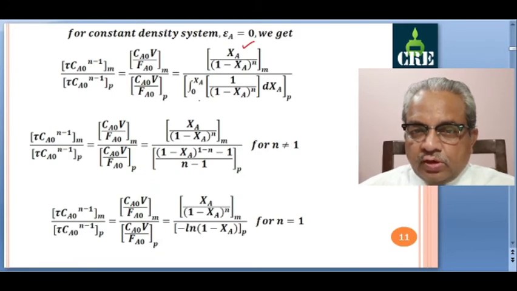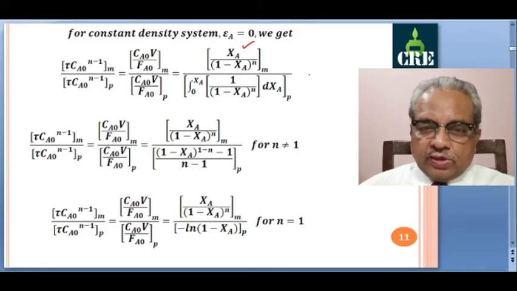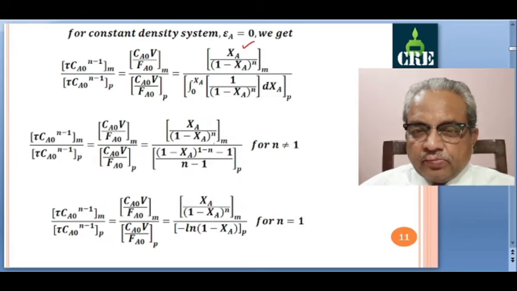So under the integral sign, 1 by (1 minus Xa) raised to n dXa. So this is the mixed flow to plug flow ratio for epsilon A equal to 0. For any epsilon you can use the previous equation. Now the same thing is written here, and this will remain as it is.